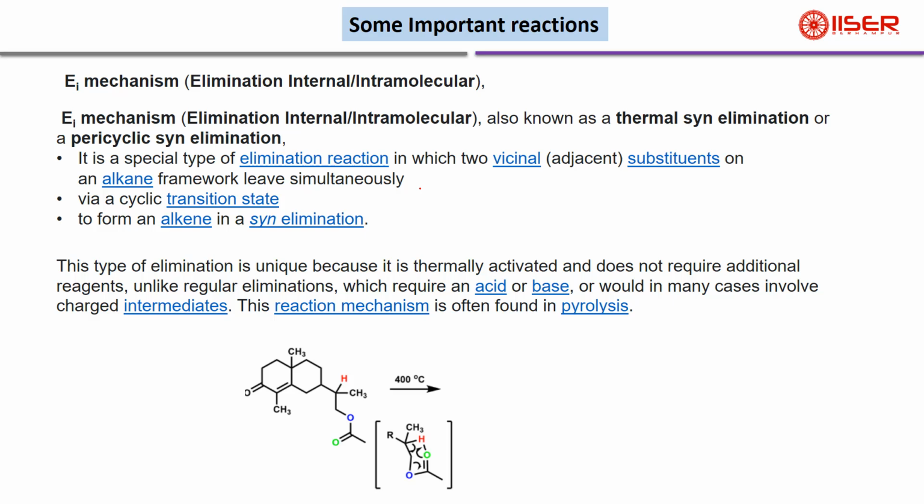This type of elimination is unique because it is thermally activated and does not require any additional reagent, unlike regular elimination which requires an acid or base, or in many cases involves a charged intermediate. This reaction mechanism is often found in pyrolysis reactions. So if you see, this is the substrate. There is a proton available here.